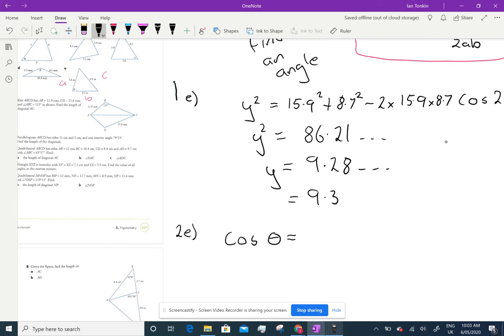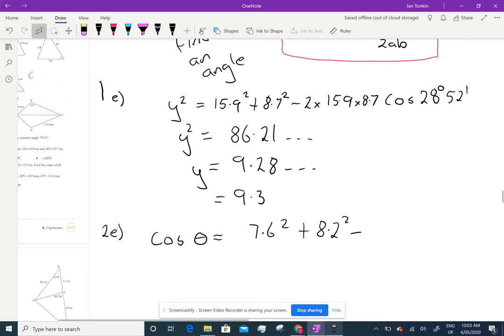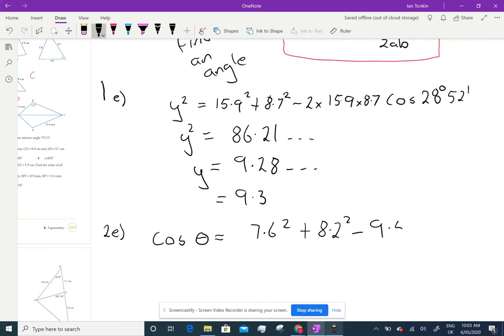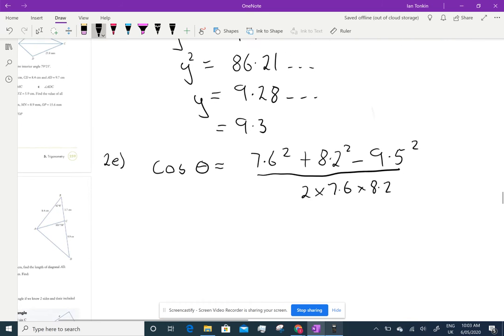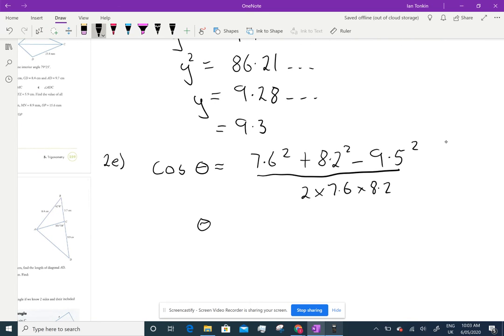So A is 7.6 squared plus B 8.2 squared minus C 9.5 squared all over 2 times 7.6 times 8.2. And I've got to inverse cos all of that.